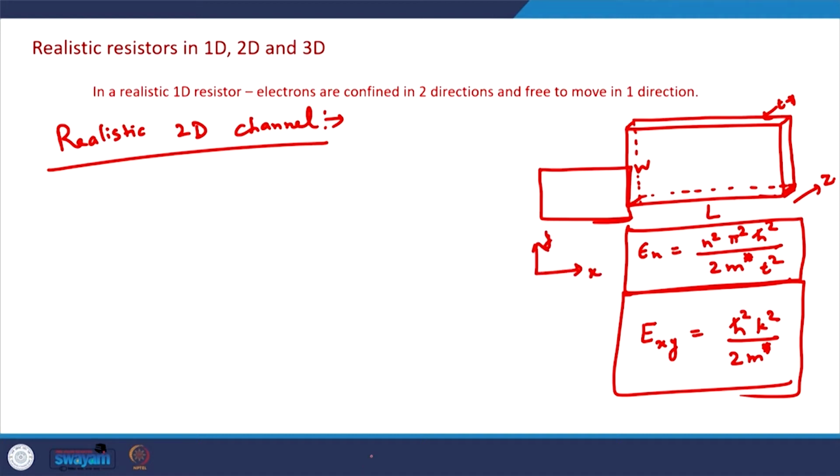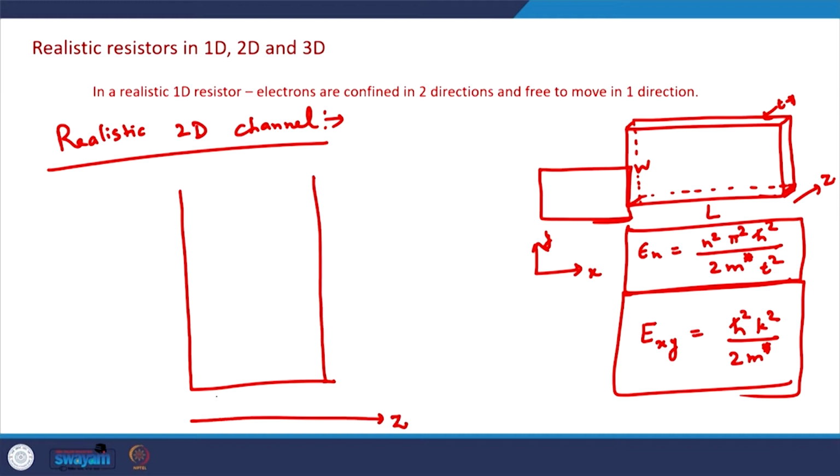Now, if we just see the confinement in the z direction, this is the thickness T, and because of this confinement in the dimension T, the energies of the electrons will be discrete, given by these numbers. Let us call the energy of the first level epsilon 1, of the second level epsilon 2, and of the third level epsilon 3.